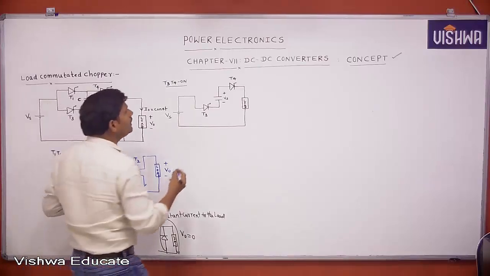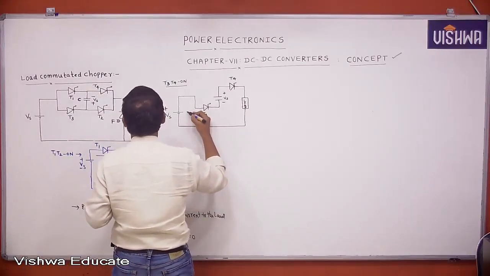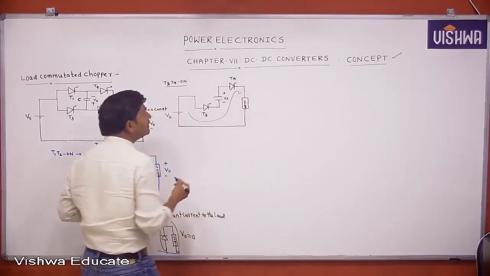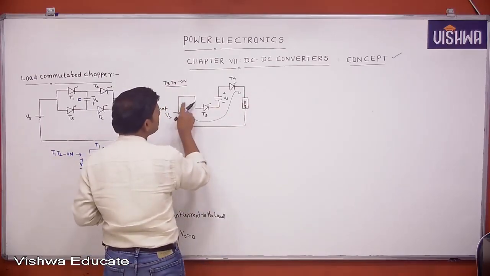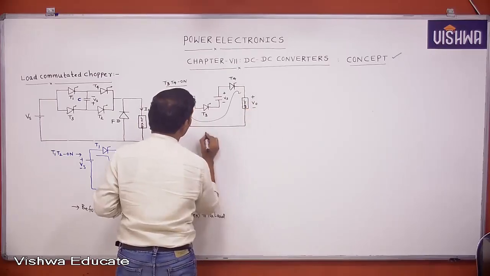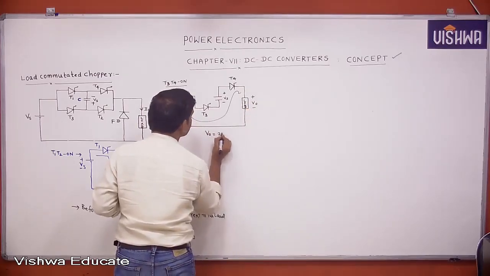If T3, T4 is conducting, it supplies the current to the load, with minus plus Vs. Then what is V0? Again V0 equals 2 Vs.